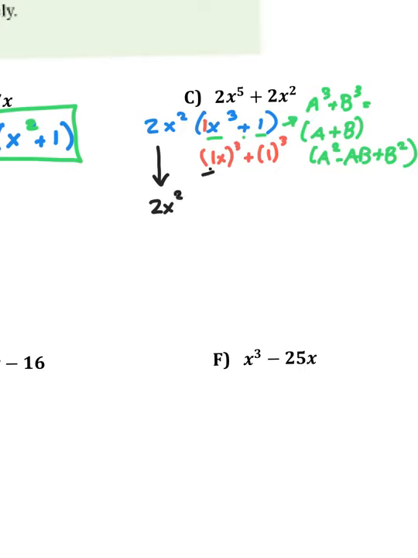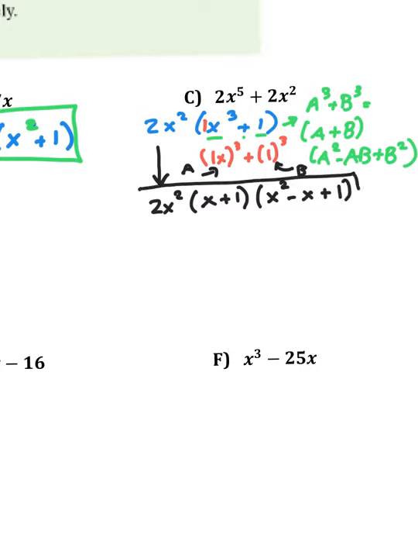This is a, this is b. So a plus b would be 1x or just x plus 1, parentheses, a squared, x squared, change sign, minus x times 1, which is just x, plus 1 squared, which is also 1. Here is your final answer.